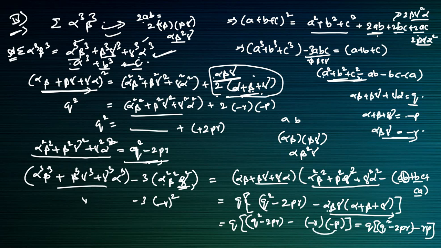Now I will multiply with the q here, so q into q cube minus 2pqr, minus pqr will come. So this q into this multiplication is pqr.